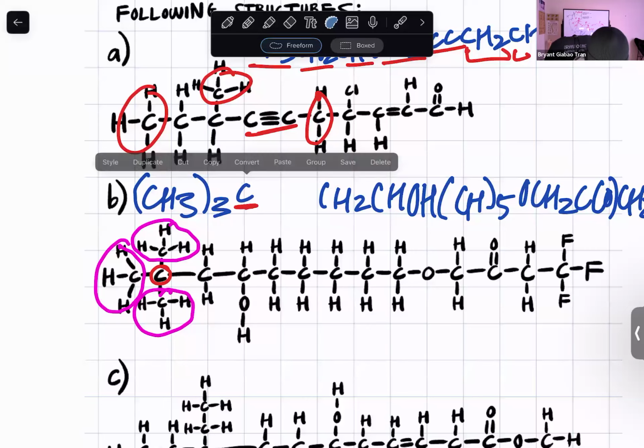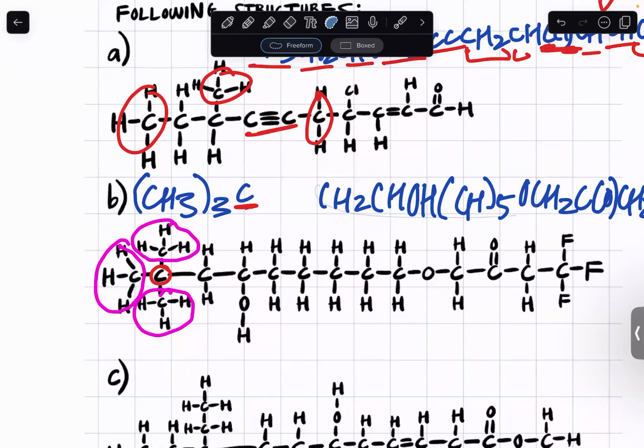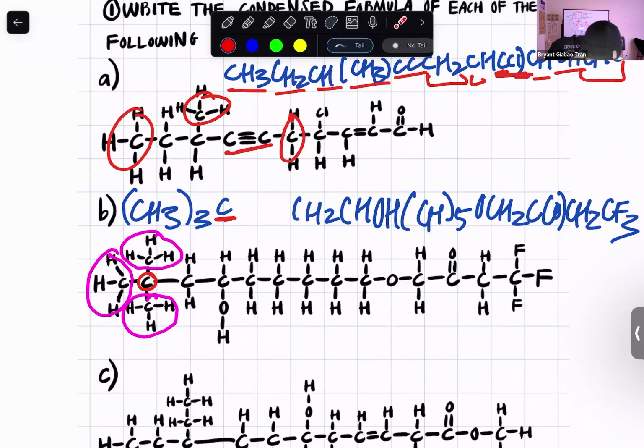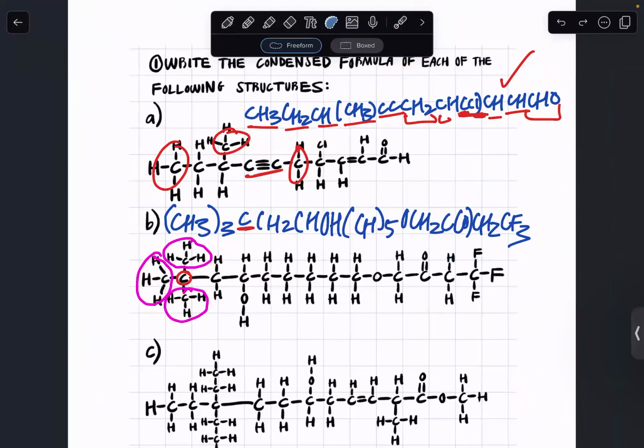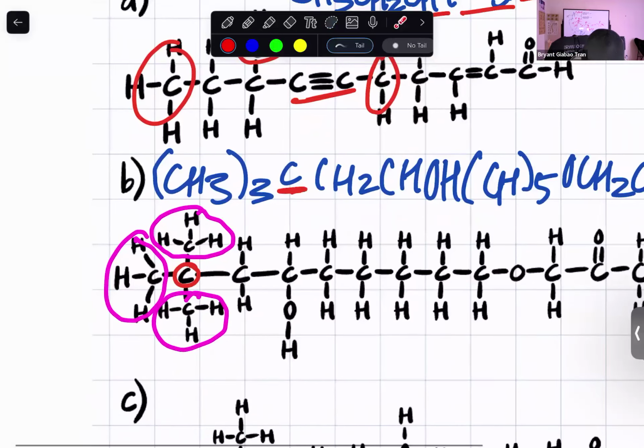Yes, like this. Because what you did was you separated one CH3 and then put the other two CH3s here, but we can combine them into one parentheses with the subscript 3 right there. That makes sense. Nice.